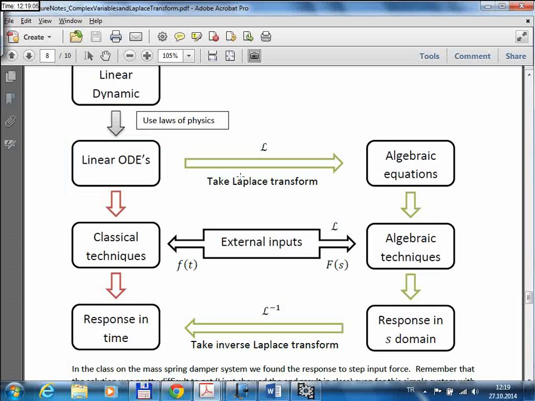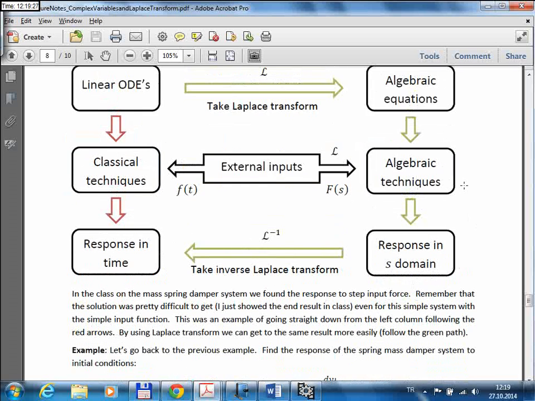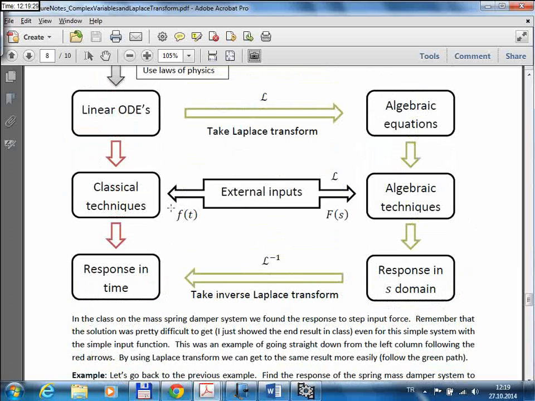But remember the differentiation property: while taking the Laplace transformation, the derivative terms turn into algebraic terms of S. So when we take the Laplace transformation, we are left with some algebraic equations of S. Then we take the transform of the input function as well, which becomes a function in S domain. Then we solve these equations for these inputs using algebraic techniques. So the solution here is a lot easier.